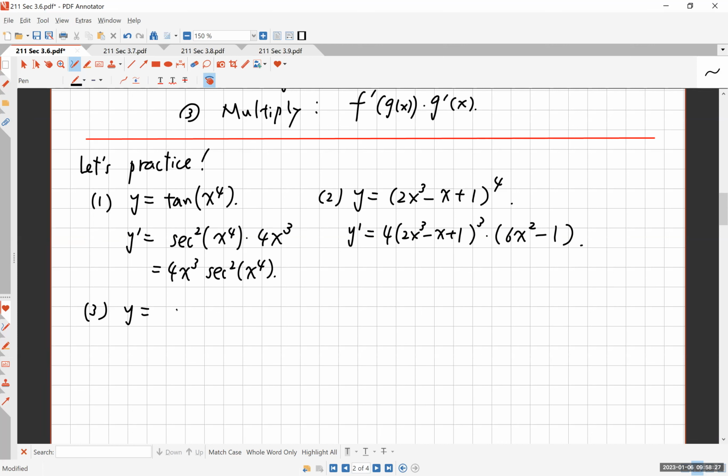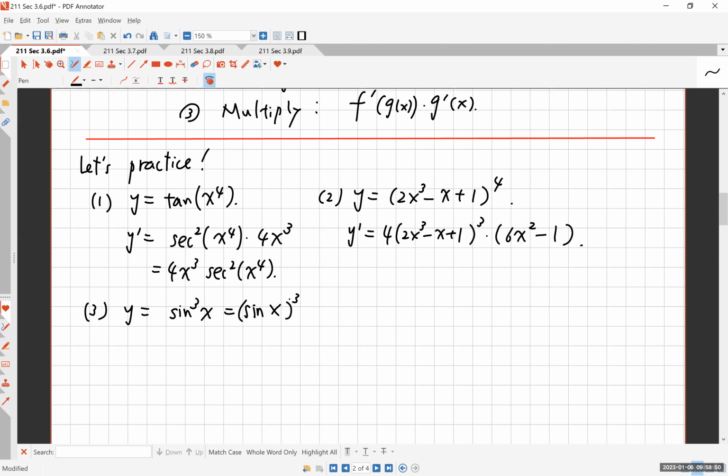y is equal to sine cubed x. Now, this is a sort of strange notation, but it is traditional and it is often used, and it means the same thing to anybody who has studied mathematics. This actually means sine x to the third power, right?